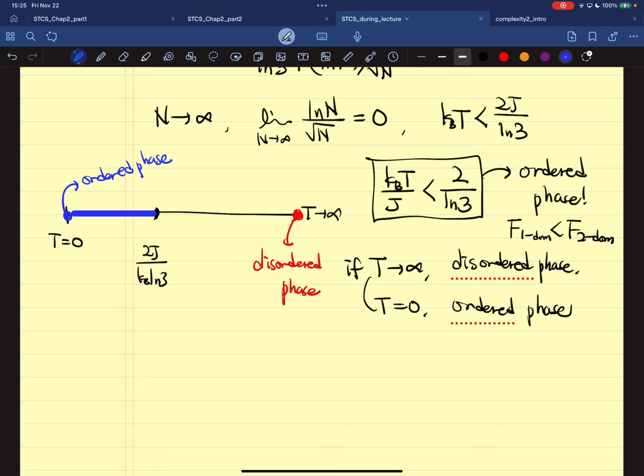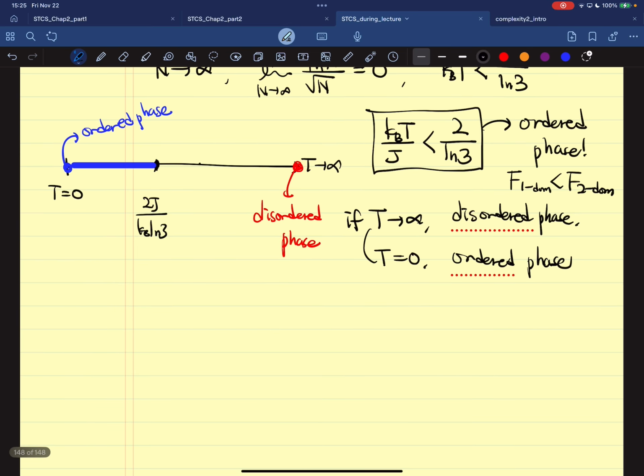So this means that there must be some Tc here that will actually divide the ordered phase up to this point and the disordered phase up from this point.